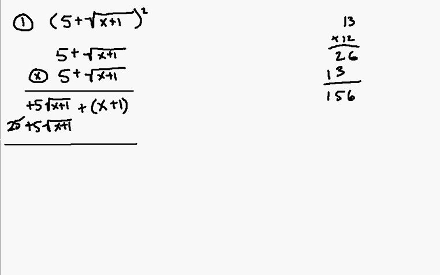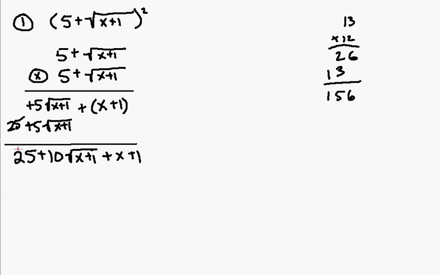So this is 25 plus 10 square root x plus 1. Now there's a plus sign outside these parentheses, so it doesn't change anything, so we just drop the parentheses, so it's plus x plus 1. Now I'm going to combine two terms.